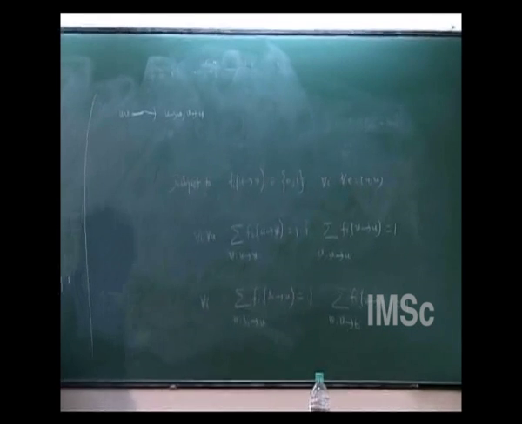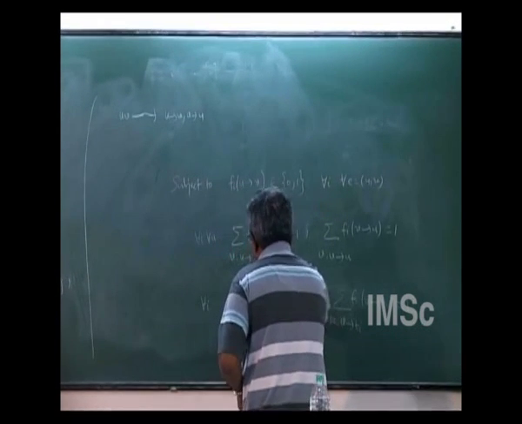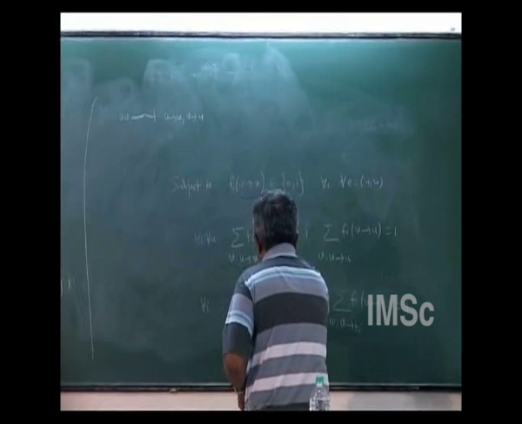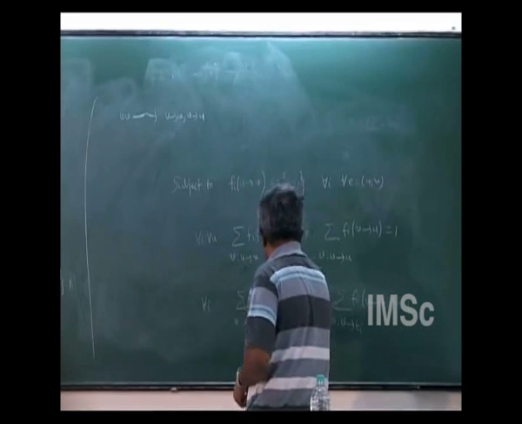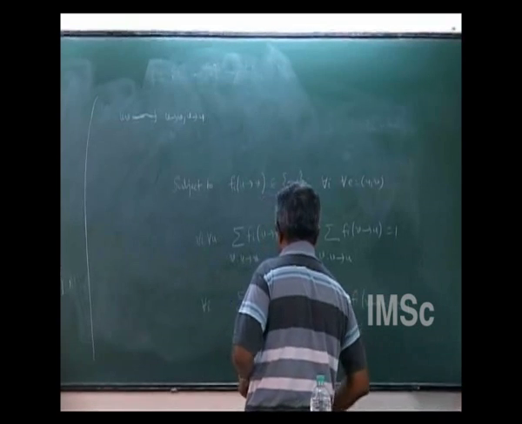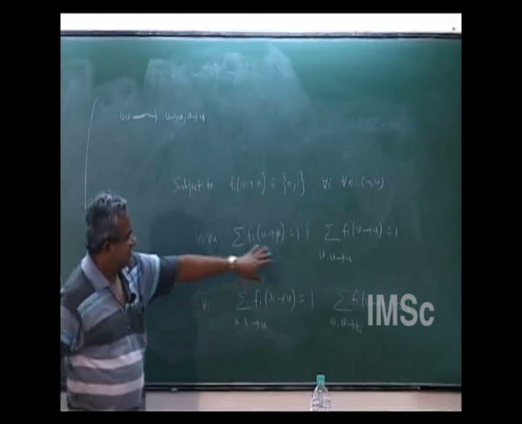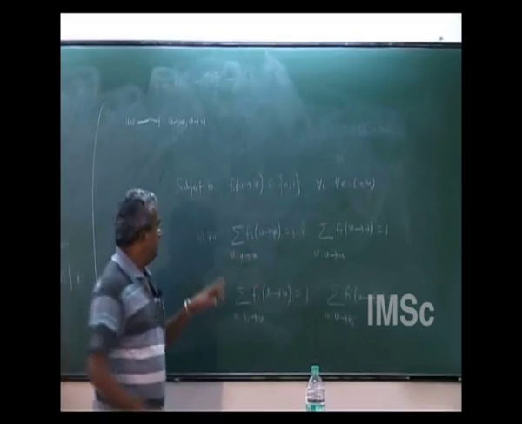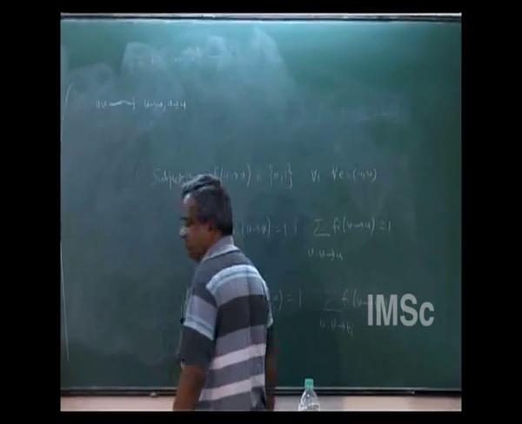So there is exactly one whole unit of the ith commodity that should flow out of the ith source vertex, and similarly into the sink vertex. And this should be true for all u not equal to S and T.